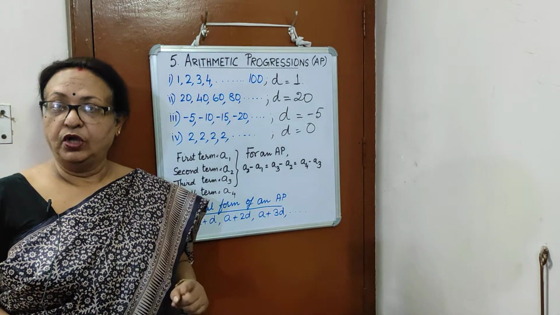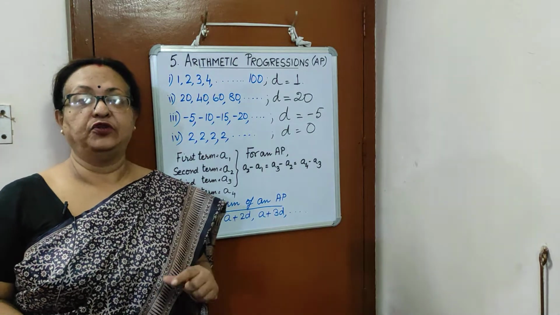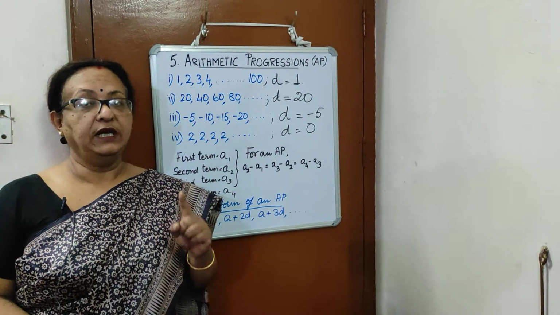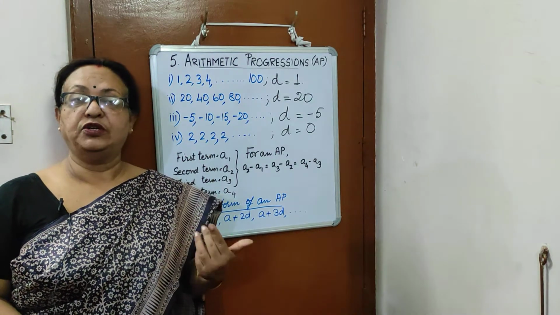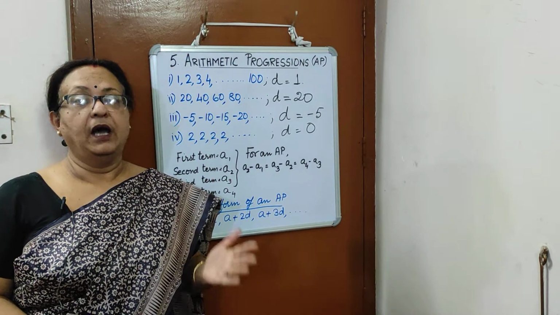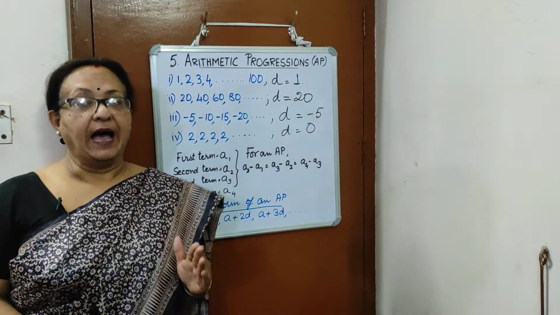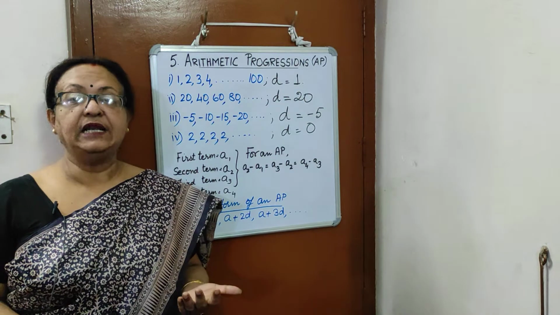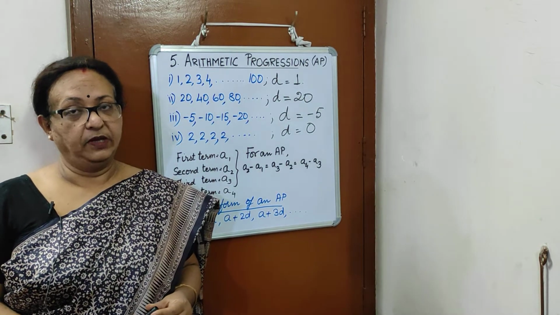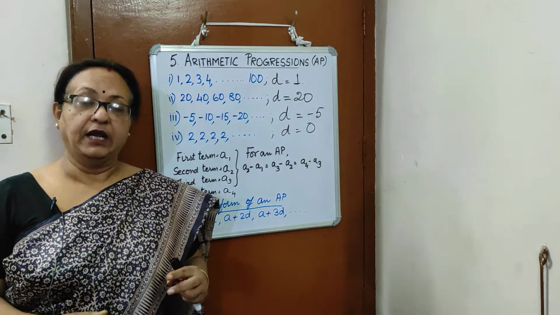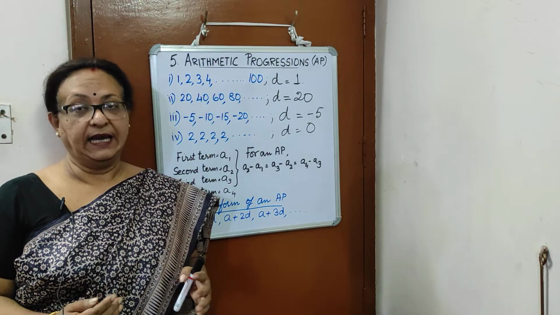Again, no. So the minimum requirement to form an AP is that you need to know the first term and the common difference. If you know both, you can easily form an AP. Okay, children?